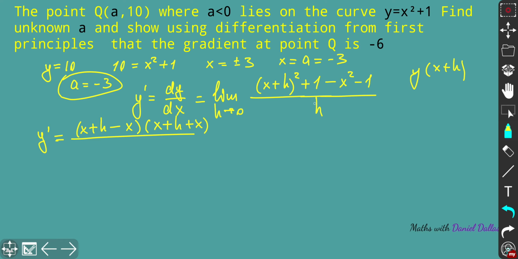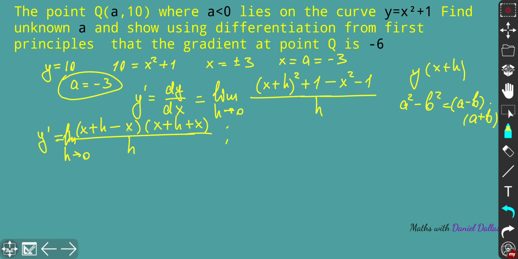Okay, that's how it works. I just apply the formula: a squared minus b squared equals (a minus b) times (a plus b).